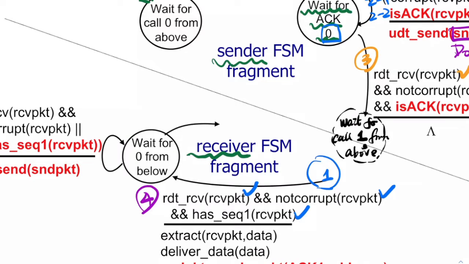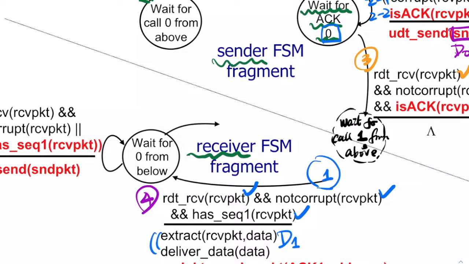So event number 4 means everything's fine. After that, data number 1 will be extracted from the segment and delivered to the layer 7 protocol. At this moment, the receiver will reply ACK number 1 with its checksum and send the packet.